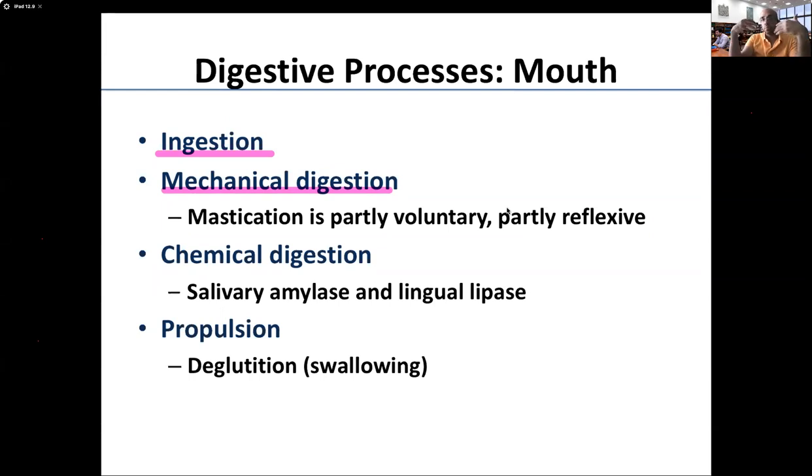Mastication, is it voluntary or involuntary? What do you think? So when you are chewing, is it voluntary or involuntary? How many are chewing a gum right now? Anybody chewing a gum?